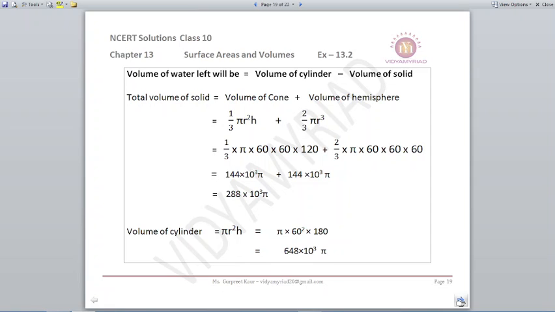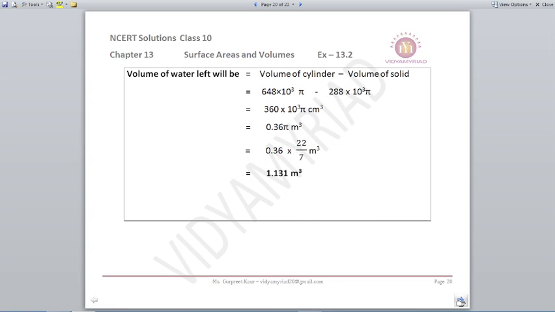Same way we will find out the volume of the cylinder, that is pi r square h. So pi into 60 into 60 into 180. So on solving this, what we will do is we will now subtract this from what is water left. So volume of the cylinder we found, the volume of the solid, just subtract it. Now here you will be wondering why I am writing it as pi.